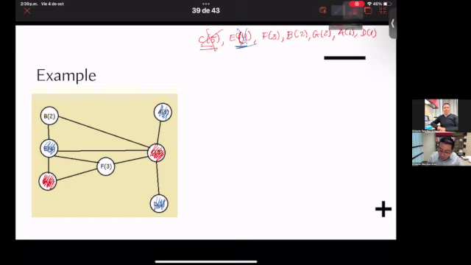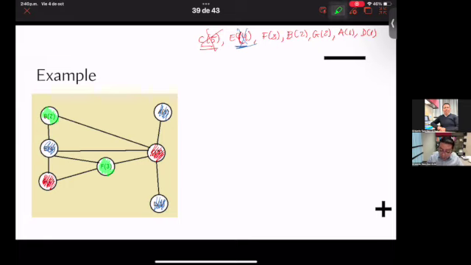Now we move in our list to the next element, which is F. F is going to be colored with this one. And there is only another node that is not connected with F that is going to use the same color.